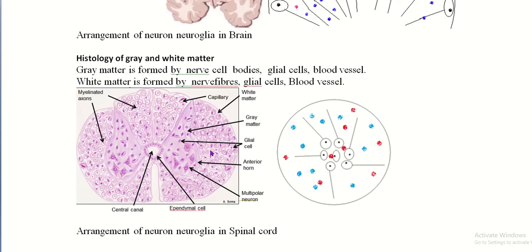And the white matter contains these pink colored dots. These are the nerve fibers or axons, or processes of the neuron. This tiny dot is the nucleus of the neuroglia and the blood vessel. This is the central canal lined by the ependymal cell.